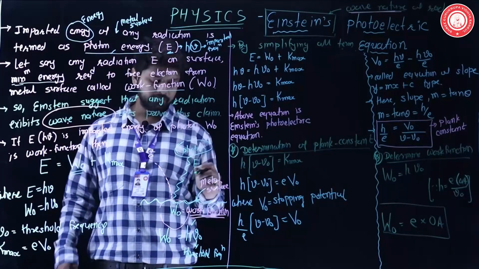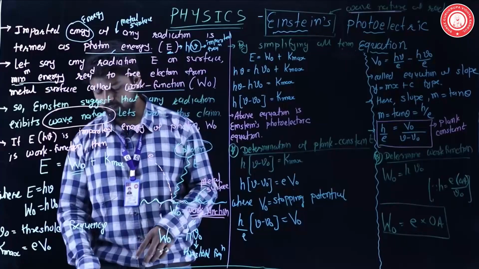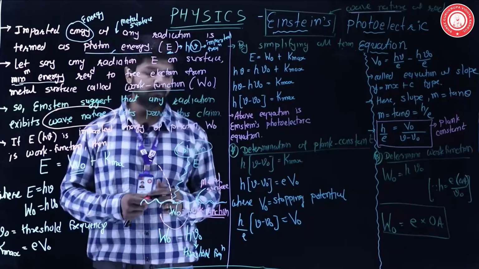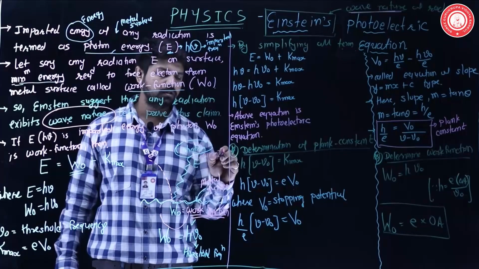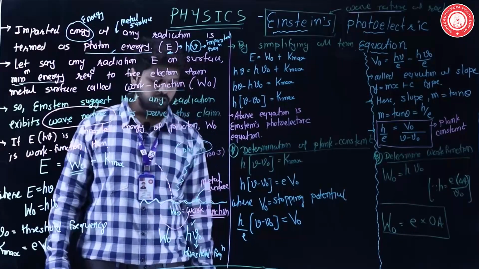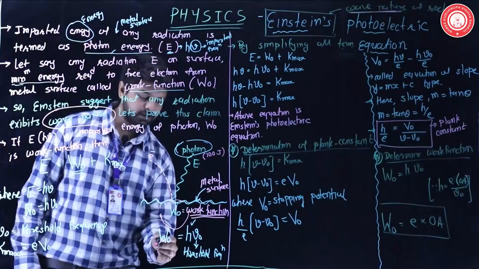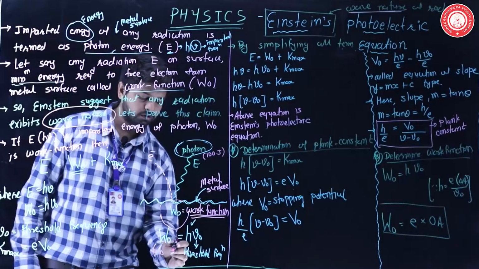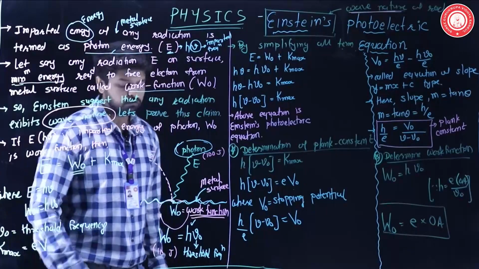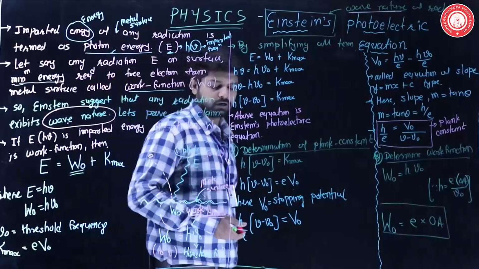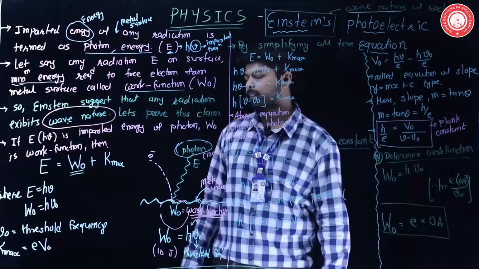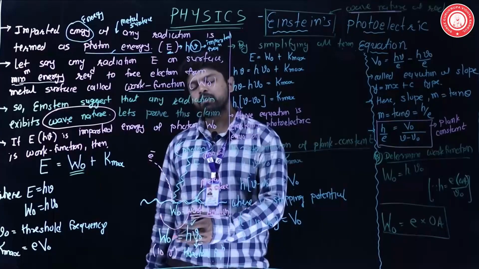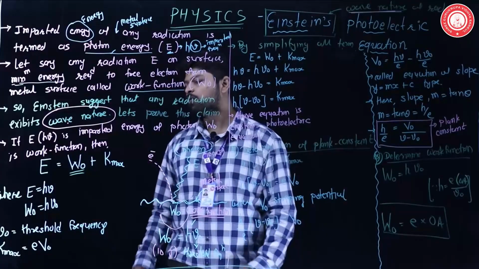If I have total imparted energy, let's say 100 joule, this is just for example, and the required work function is 10 joule, which means to free this single electron we need only 10 joule of energy. So where would the rest of the 90 joule convert?